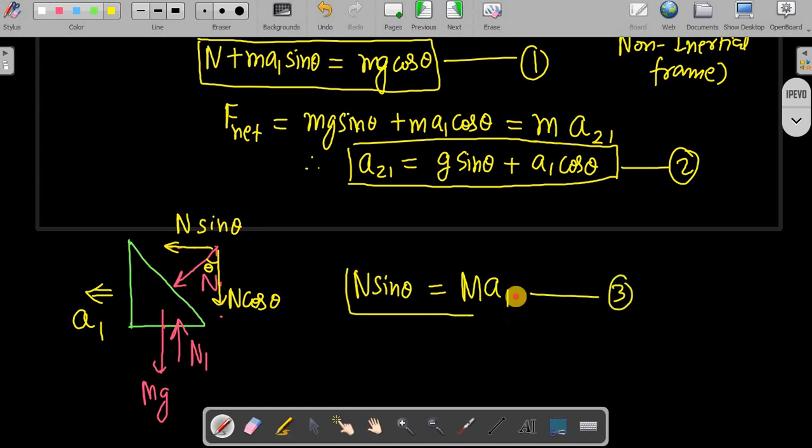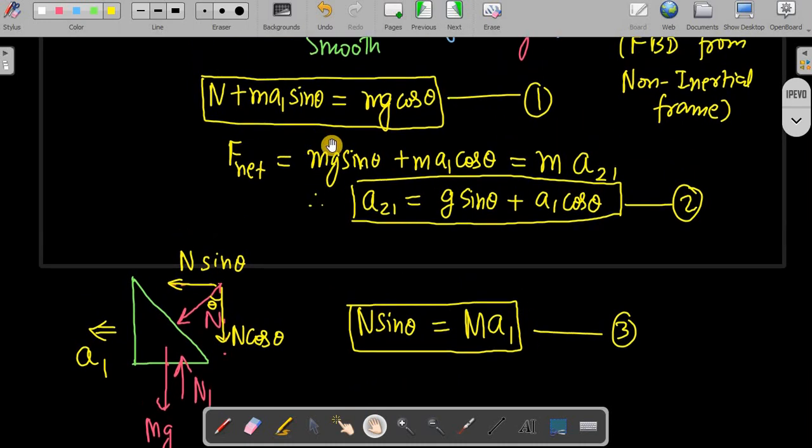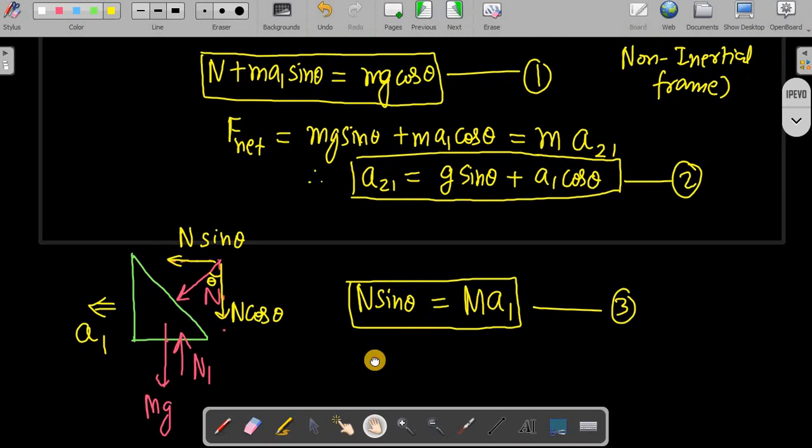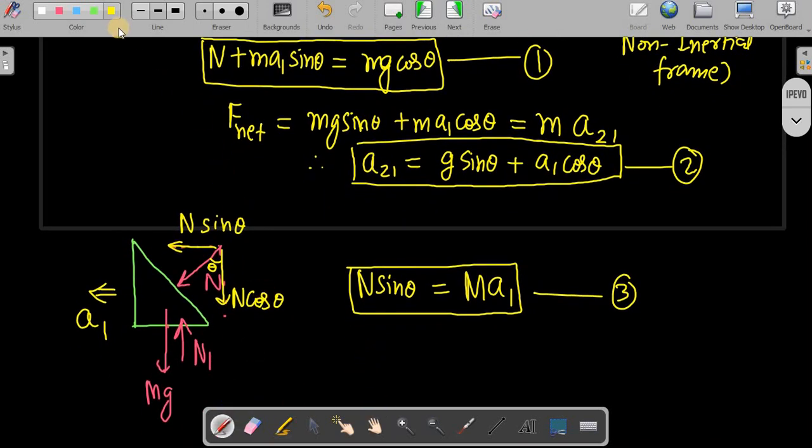So we have a lot of equations here, you can see. So we have equations 1, 2, 3. We can substitute normal here, and definitely we can calculate a1, right? Use equation 1 and 3 and calculate acceleration a1.